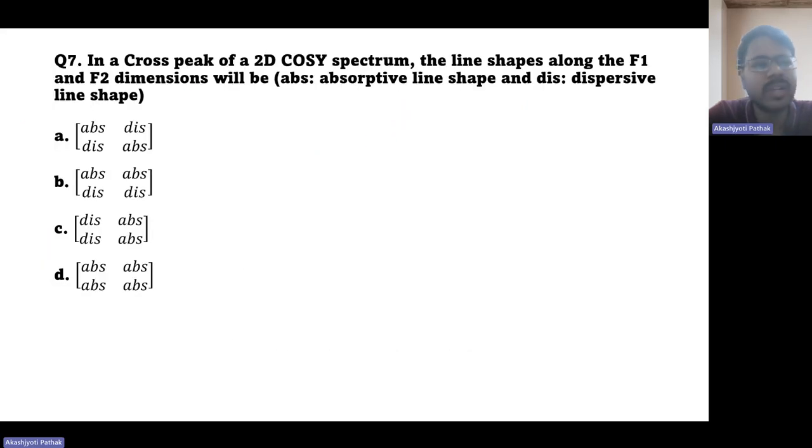A similar question that was asked in your assignment is: in a cross peak of a 2D COSY spectrum, the line shapes along the F1 and F2 dimensions will be? ABS stands for absorptive line shape and DIS stands for dispersive line shape. So try to answer this question.